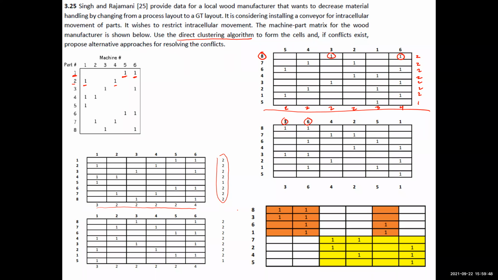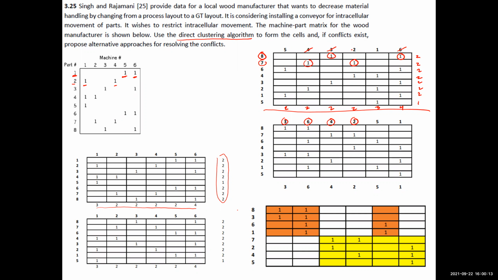And then we move to the next row. So 3 and 6 are now fixed, right? And now we move to the next row and we see 4 has a 1. So we can move 4 next. And then 2 has a 1. So we also move to the left.